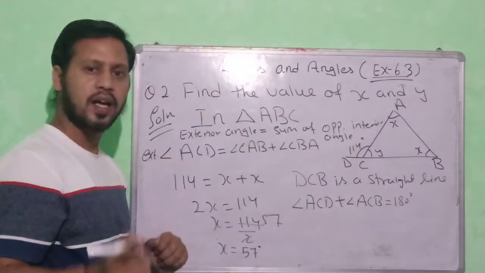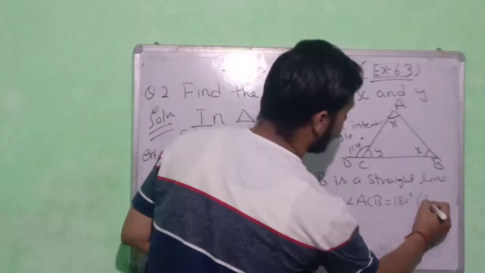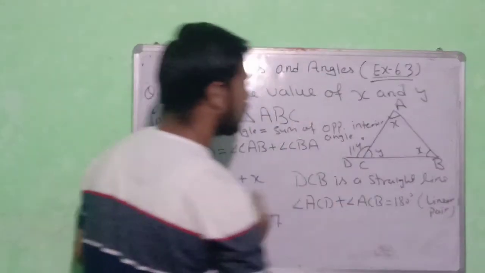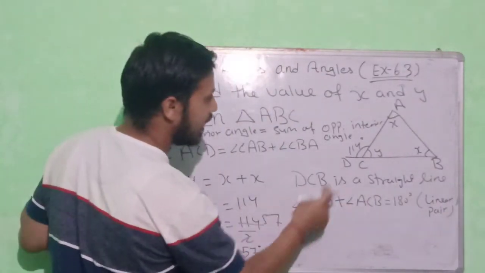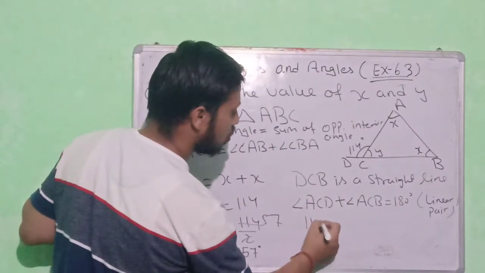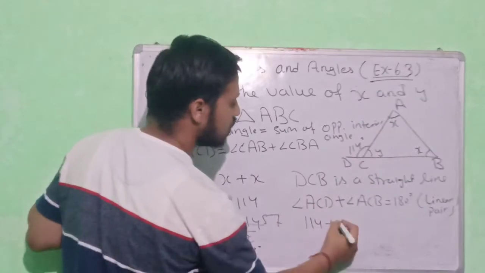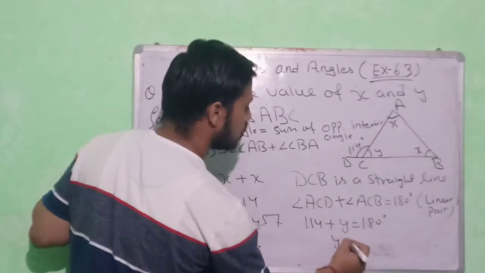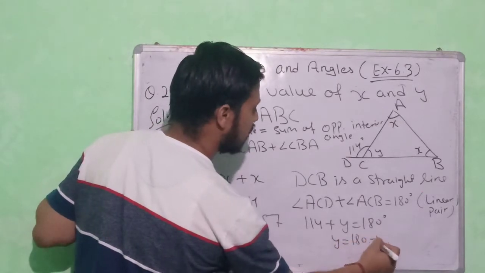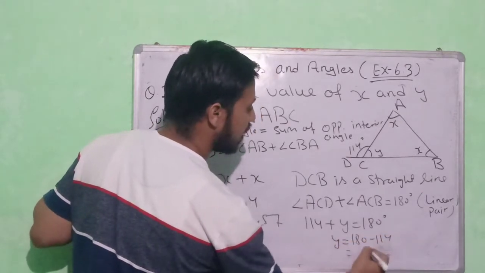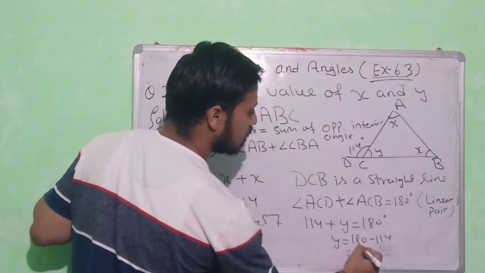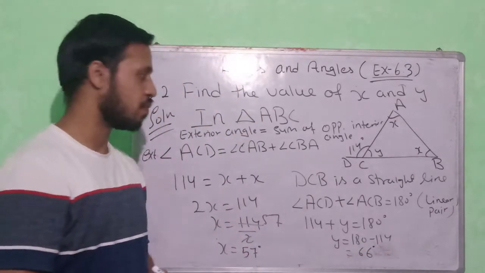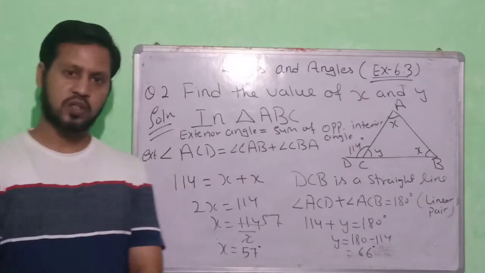By which property? Linear pair. Now, ACD is 114 and ACB is y. So we will get 180 minus 114, which is 66 degrees. Clear? Now we will do the next question.